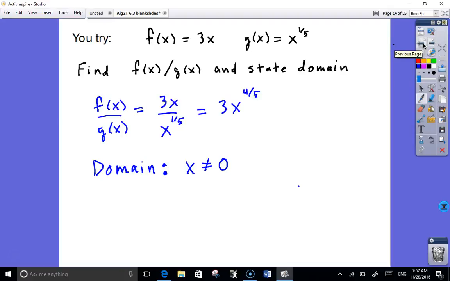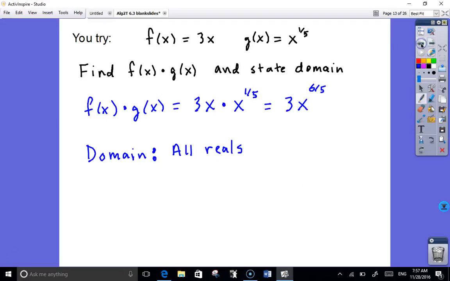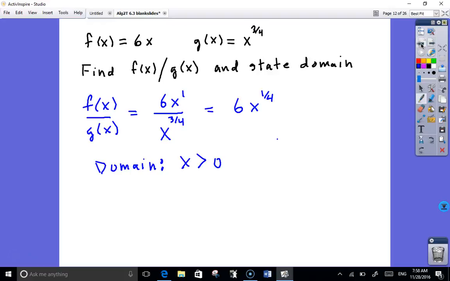You can't take the fourth root of a negative number, so that's why it had to be greater than or equal to 0. Let's go back. Yeah, because it was a fourth root, that had to be greater than 0, because you can't let it be negative and you can't let it be 0. But this one is a fifth root, so you can let it be negative, but you just can't let it equal 0.